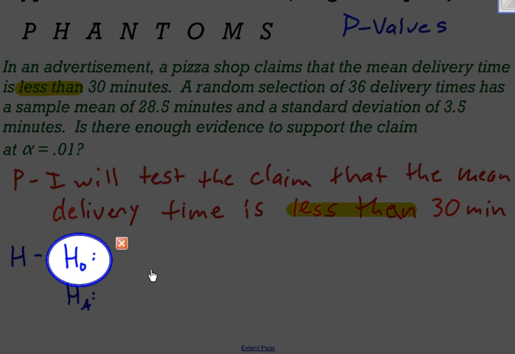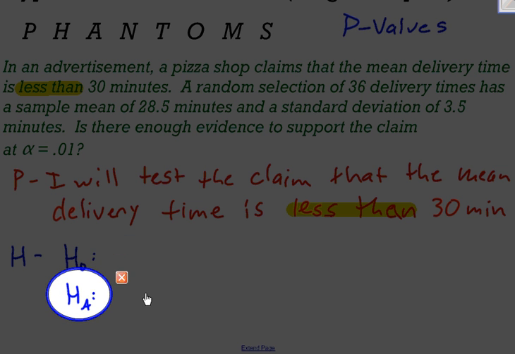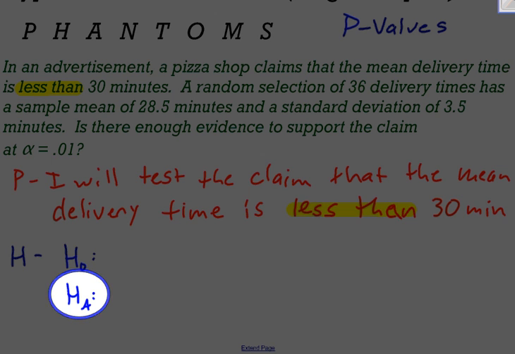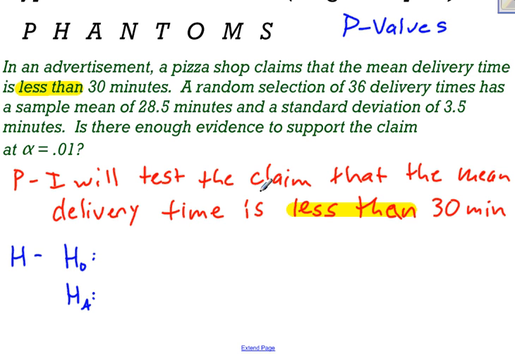It'll either be an equal sign, greater than or equal to, or less than or equal to. And in turn, the alternative hypothesis will either have not equal to, less than, or greater than. When I take a look at this sentence, it says I will test the claim that the mean delivery time is less than 30 minutes.